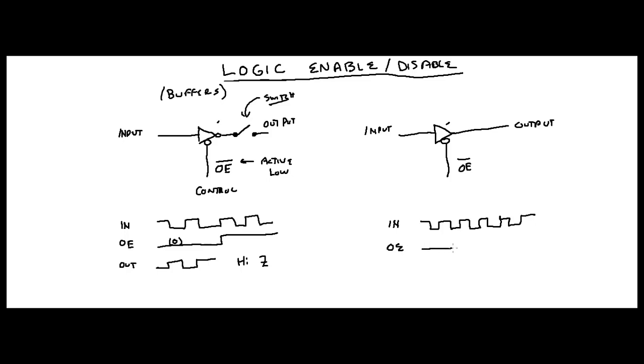We'll go low, and then we'll go high, okay? And that's what you're out. Well, if your output enable is low, it's just simply going to repeat the signal coming in. It's not inverted, get it? But when this goes high again, you're at high Z. And it's the same as having a switch there.